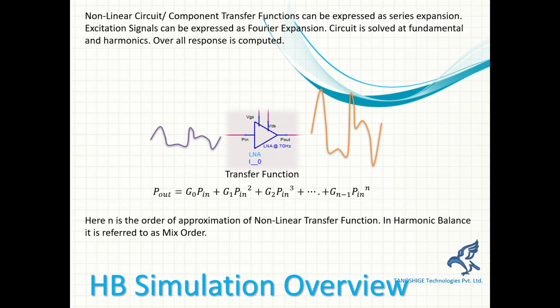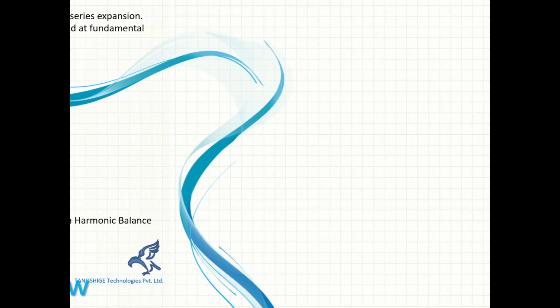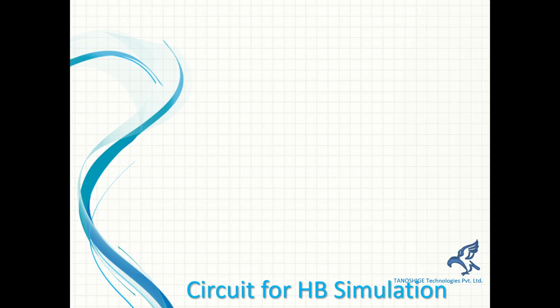Okay, so there are two things in here. One is the order for the signal, the other one is the order for the mixing, right? Okay, so if you have a P in, which is a Fourier expansion, and then transfer function is like that, we can find out the output.